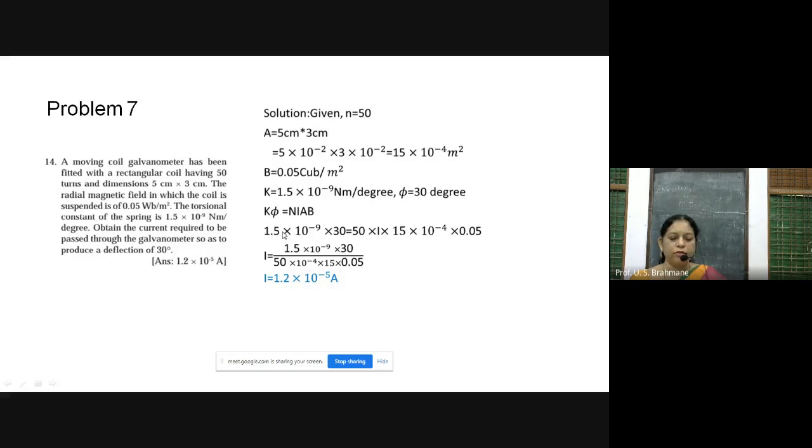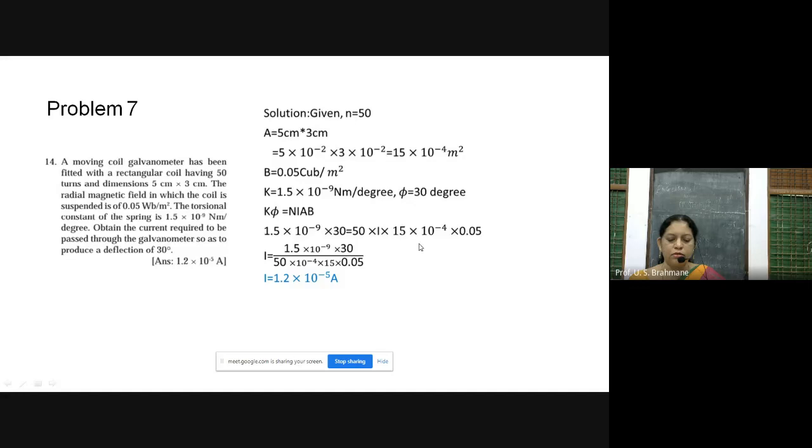The rest of the things are given, so just substitute the values. 1.5 into 10 raised to minus 9 into 30 is equal to 50 into I into 15 into 10 raised to minus 4 into 0.05. So this is K, this is phi, number of turns is 50, this is I, the current, 15 into 10 raised to minus 4 is the area, and B is 0.05 Weber per meter square.